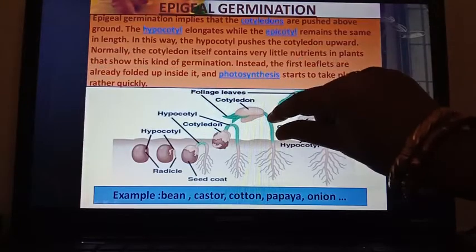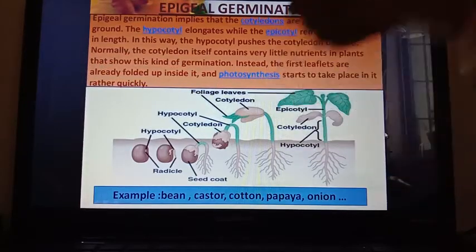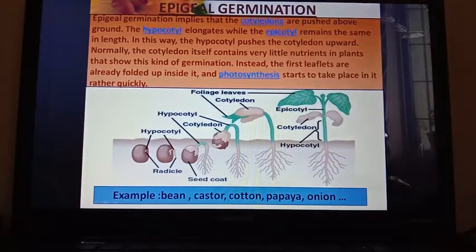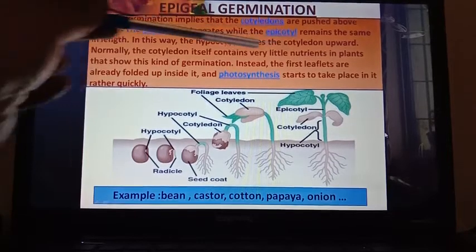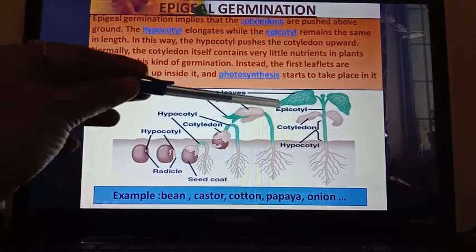If it is increasing, obviously it will push the cotyledon up the ground. That's why in the epigeal germination, the cotyledon is coming out of the soil. Okay. So hypocotyle pushes the cotyledon upward, and what happens here?